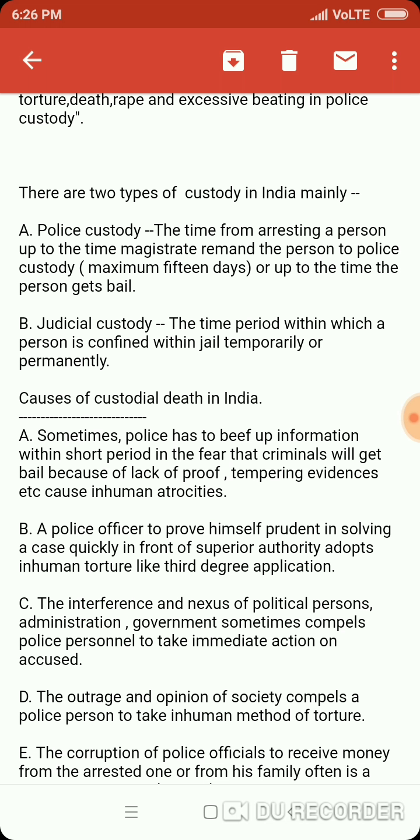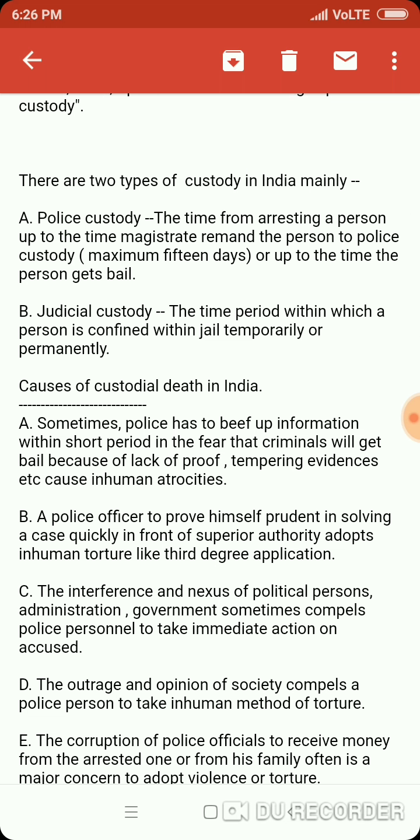Police custody means what? When a person has been arrested by the police, right from that time up to the time when the person has been remanded to police custody for a maximum of 15 days by a magistrate, the whole period is called police custody.